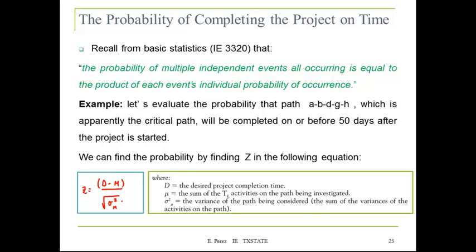If you move to the next slide, then you will see the table for the normal. If you took the class IE 3320 from me, then you probably saw that table.